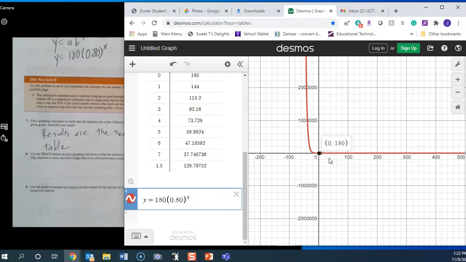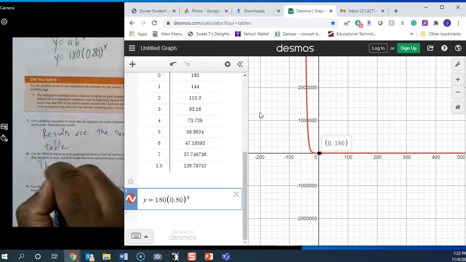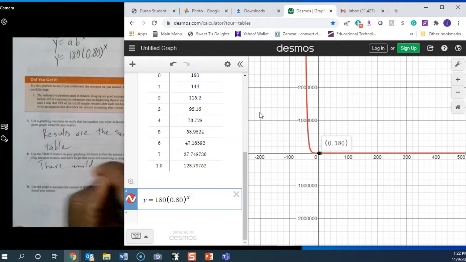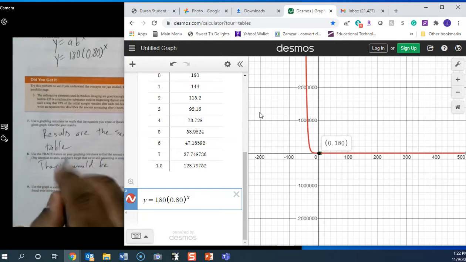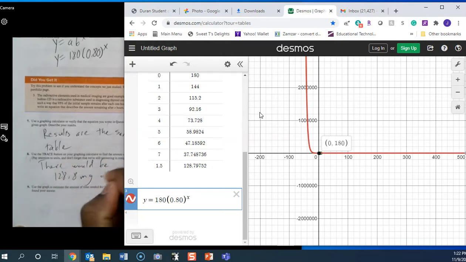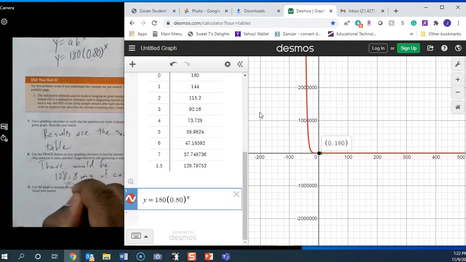And as you see, it gave us the correct answer. All right. Now, we could say here, there would be 128.8 milligrams of caffeine left in your system.